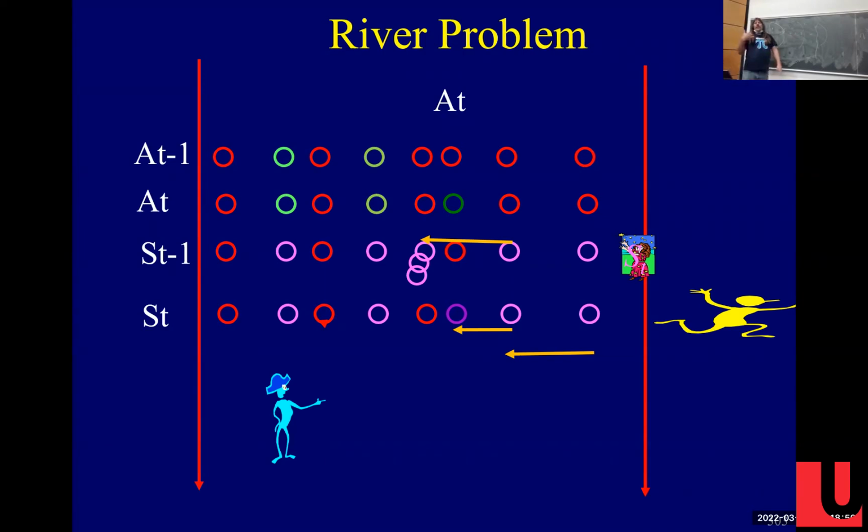So what we have to do, if we can just focus on the game, right? Let's just remember the game. If you look up here, the first thing in the game is that the player tells you what he's done so far. He gives you A_{t-1}. So there's A_{t-1} up there, where the green ones are clearly the ones that he's taking. And he's standing on the rightmost green one.